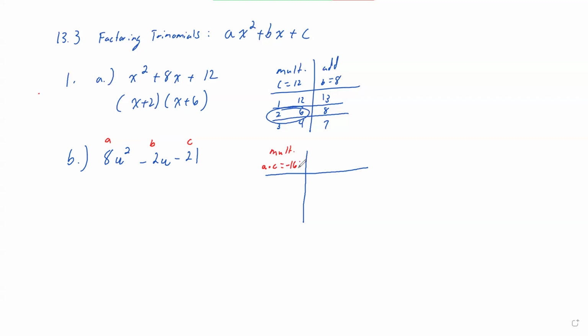Negative 168. And you still want to add to your B. That part doesn't change. Remember, the sign goes with the number, so I still want to add to negative 2.